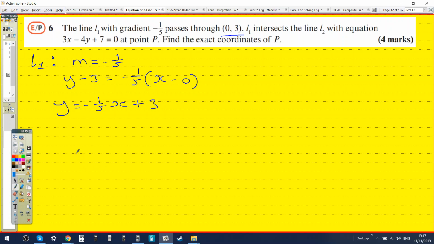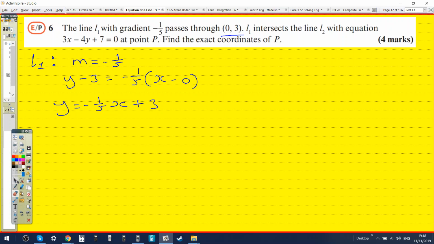That one with the gradient is another way of writing the equation of a line. Have you seen this like y minus y1 equals m times x minus x1? I don't think so. Okay, well, we'll worry about that when we come to it.